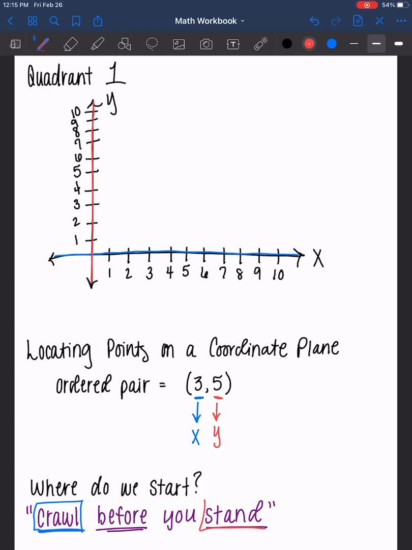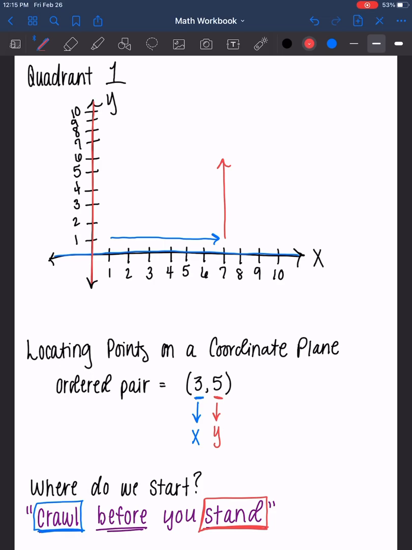So I have boxed in the word crawl and the word stand to help you see that crawl is going to go with the x coordinate on the x-axis, and that the stand goes with the y on the y-axis.